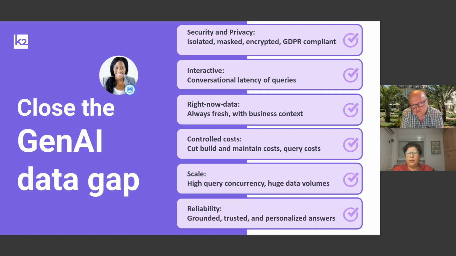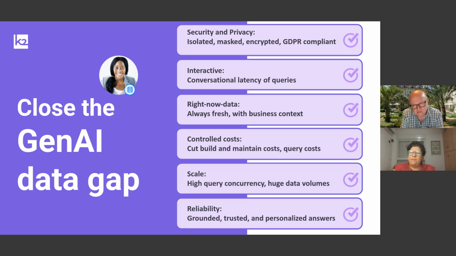data is isolated, the data is masked, it's encrypted, and it supports all kinds of privacy regulations like GDPR compliant. We talked about interactive and fresh data that must provide right now answers with right now data. We talked about scalability, but I think most importantly, and coming back to Andy's point at the very beginning, it's about reliability.